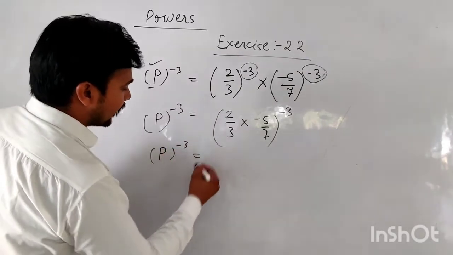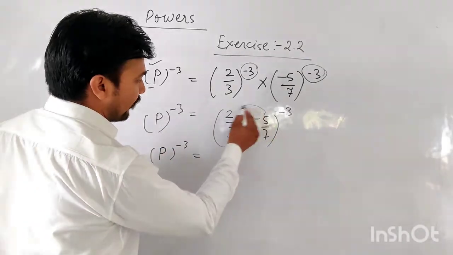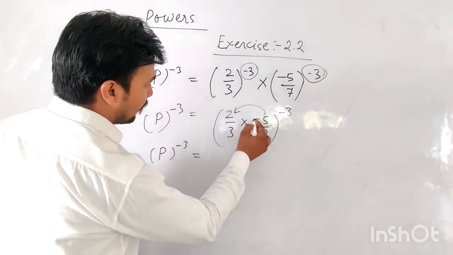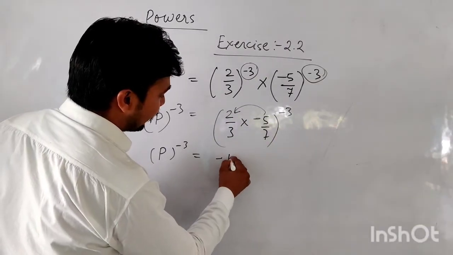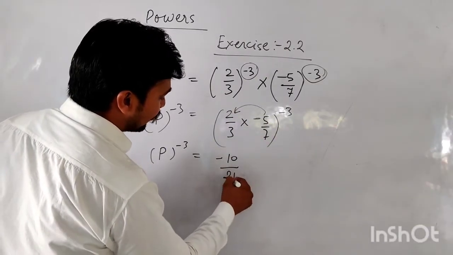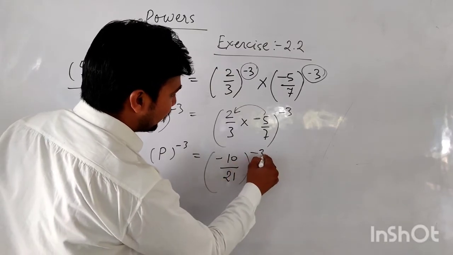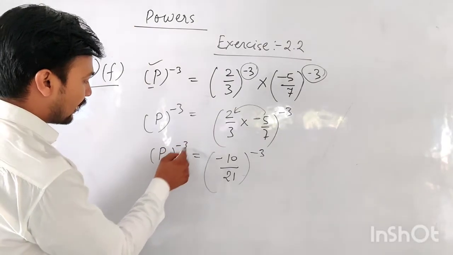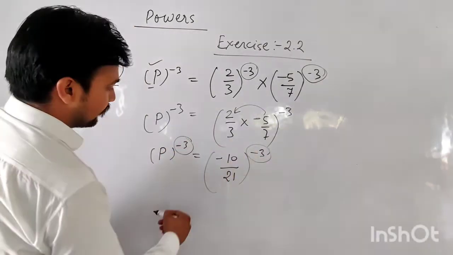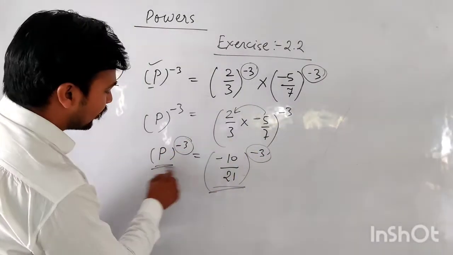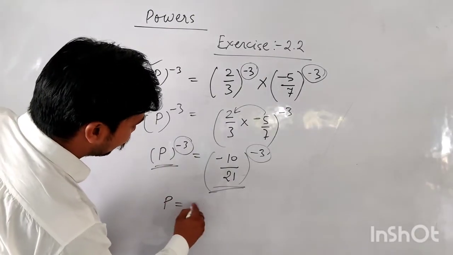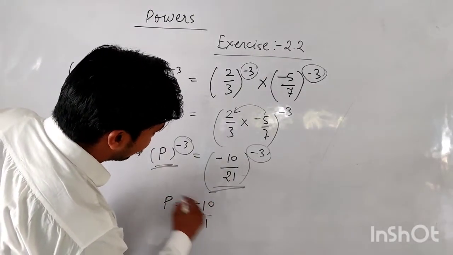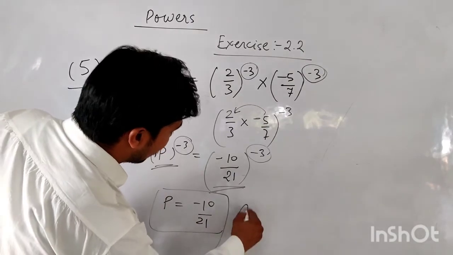Now, as we know that 5 will multiply with 2, this will become -10, and 7 3s are 21, and the power will be -3. Since अगर बेस का पावर इक्वल है, सो बेस भी हमारा इक्वल होगा, so p is equal to -10 by 21. This is your answer.